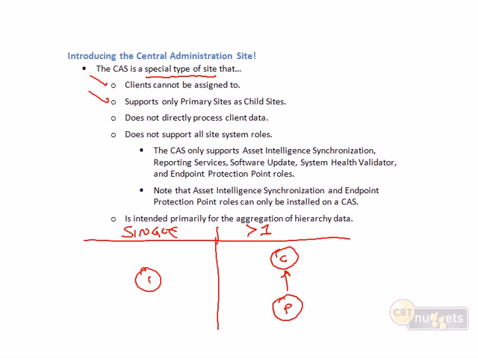The CAS also does not directly process client data. Now, these three are important because the whole function of a CAS is really for reporting and for centralization of your metadata. So you've got this nice server that all of your sites ultimately point up to, so you have one location where all the data ends up aggregating at the top.